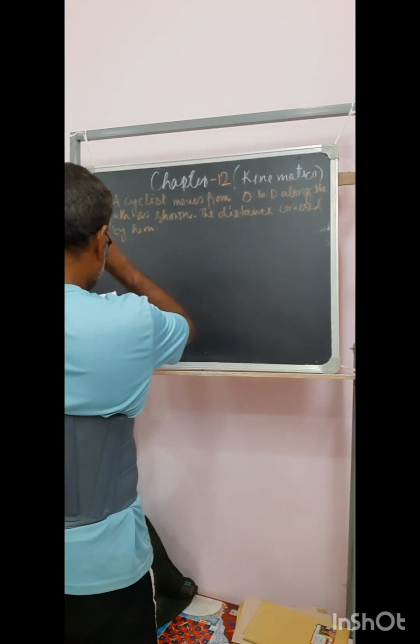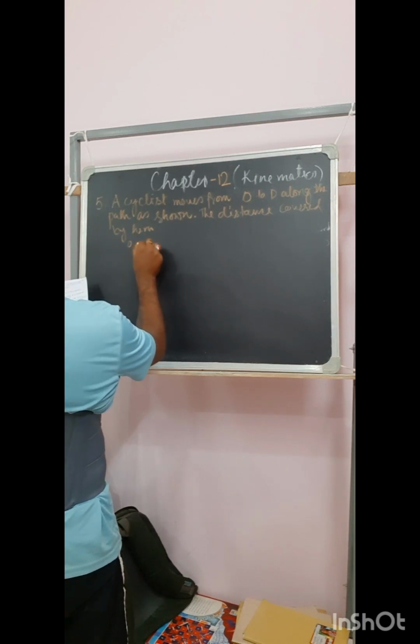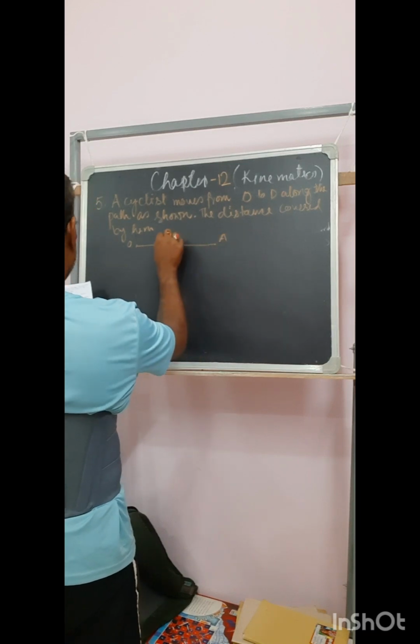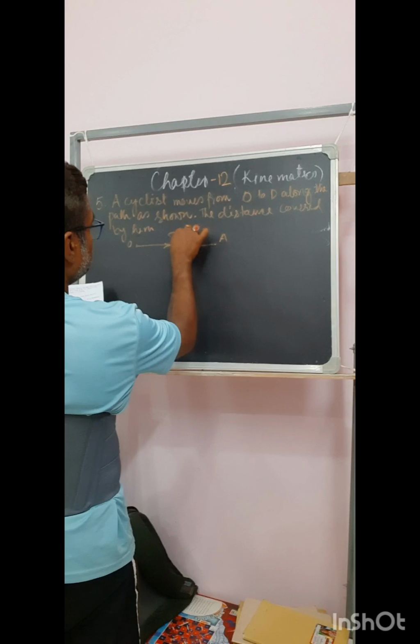So the diagram is, this is a point O. From here he has moved to A first, and the direction is this one, 8 kilometer is there.